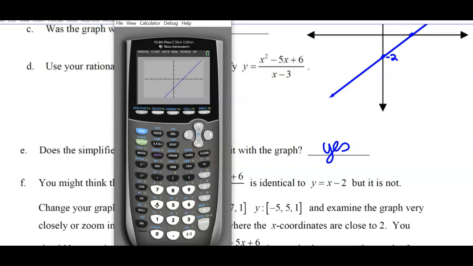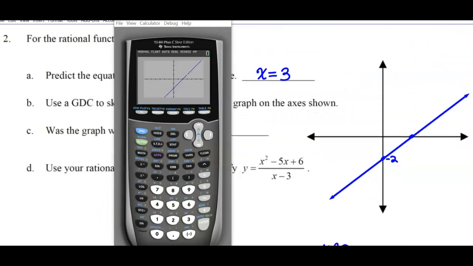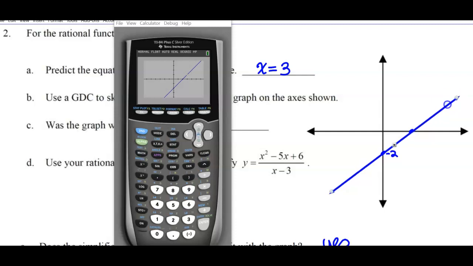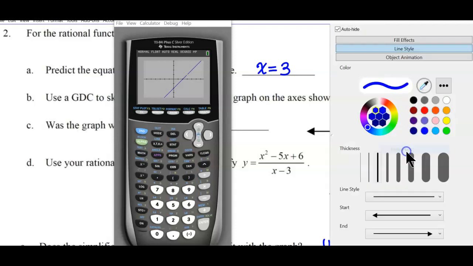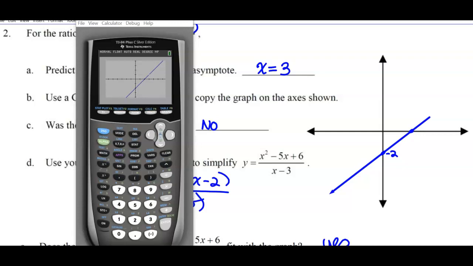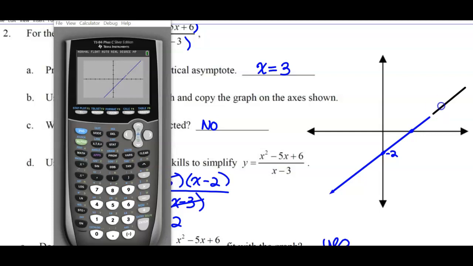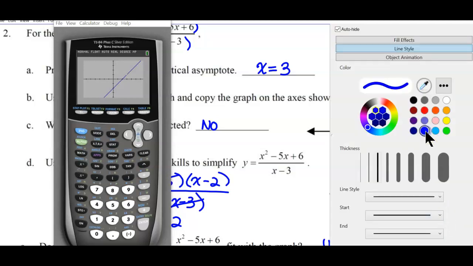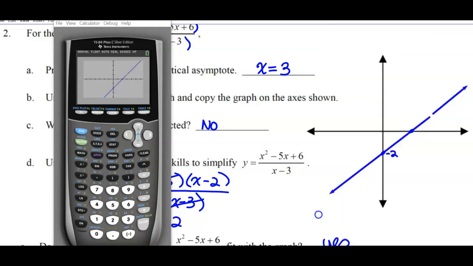So that gap, if you look down, has an x value of 3. Okay, so that's what it looks like on your calculator.